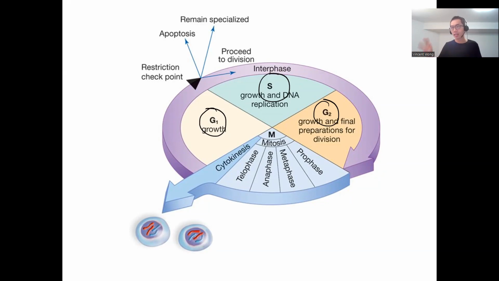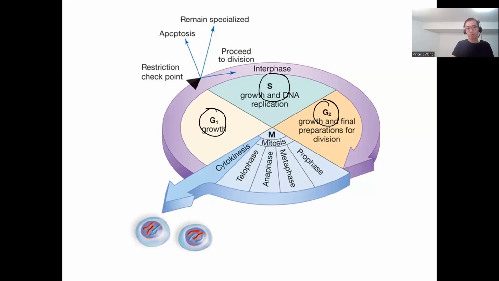You want to check if the cell is healthy. You want to check to see if you have enough resources to go through with the division. If all is well, if everything is checkbox green light, then you can move on to the S phase. If it's not good, then it's going to try to repair the DNA.